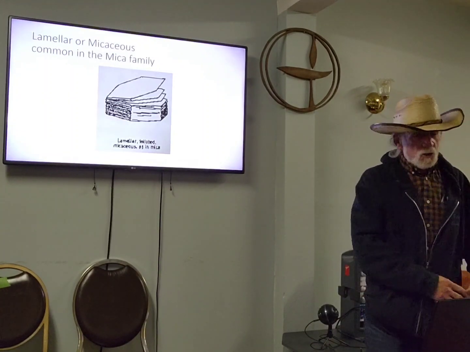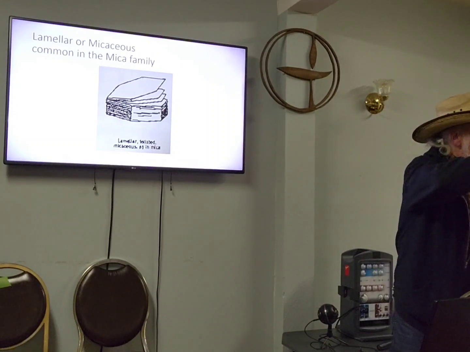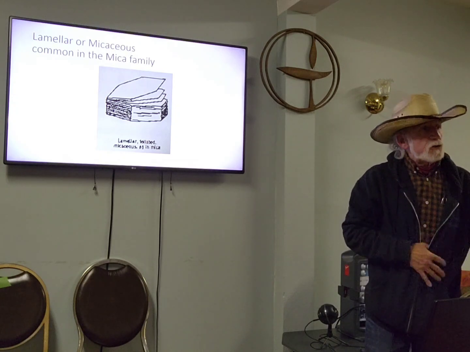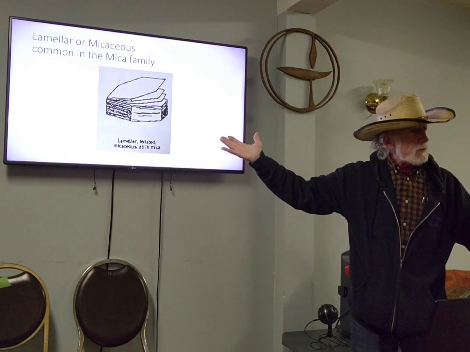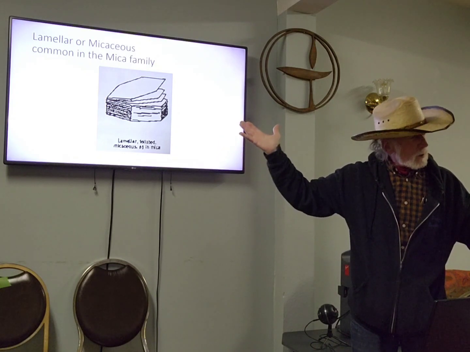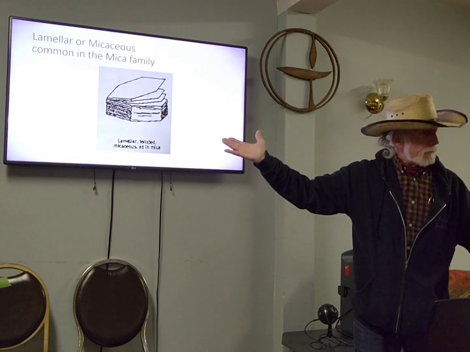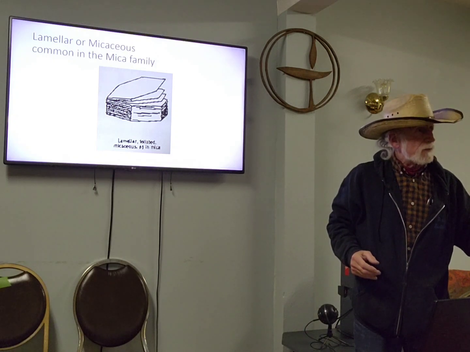Okay, lamellar or micaceous. Most of you know that mica occurs in very flat sheets, and you can peel them one after another. The crystal shape, however, has nothing to do with this. This is the way the mineral displays its cleavage. The crystal shape of a piece of mica is hexagonal.